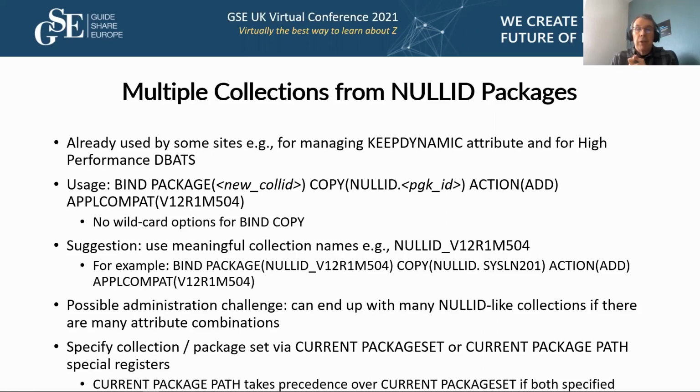By default, those special registers are blank strings, and that means that they actually have no value, so the current package set or current package path is the default one. If you specify both of them, then current package path takes precedence over current package set.